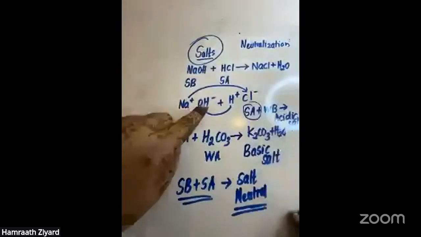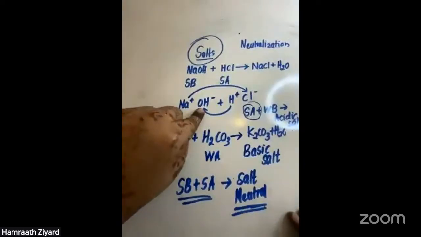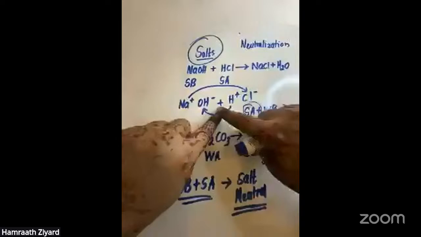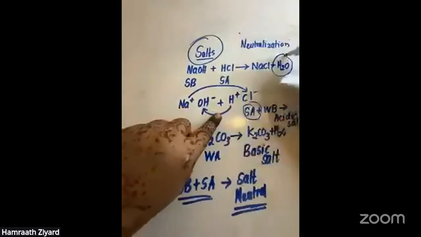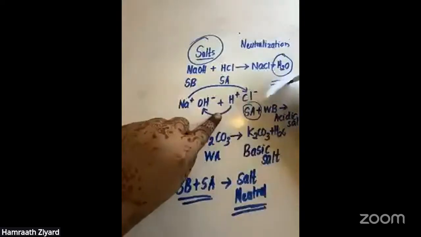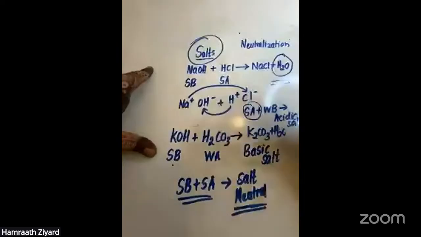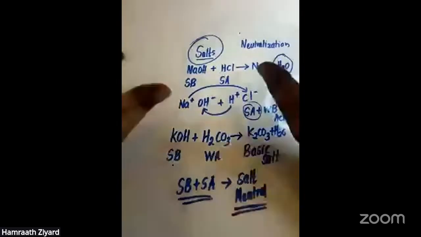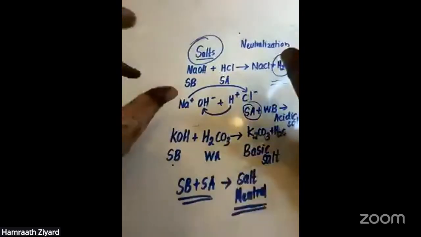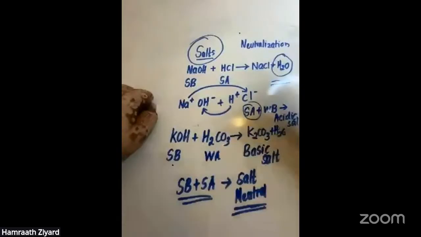If a hydroxide ion and a hydrogen ion combine together, what are they forming? They are forming water. So this process, we call it neutralization. Whenever an acid and a base combine together and produce water, we call this process neutralization.